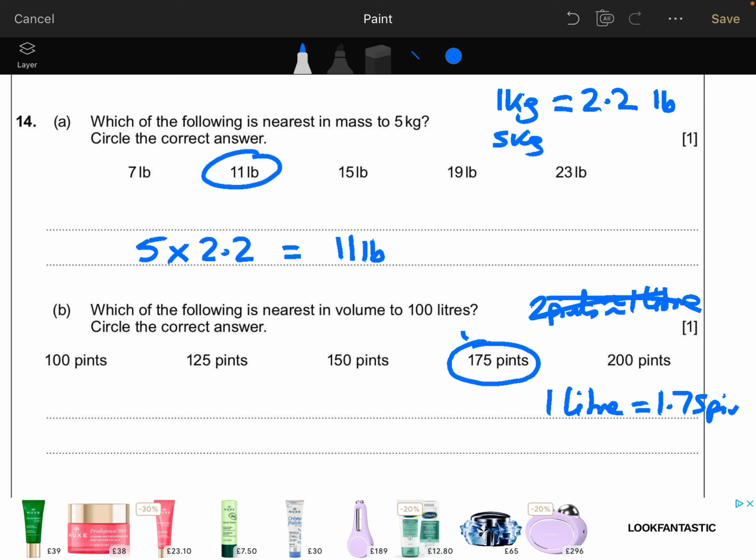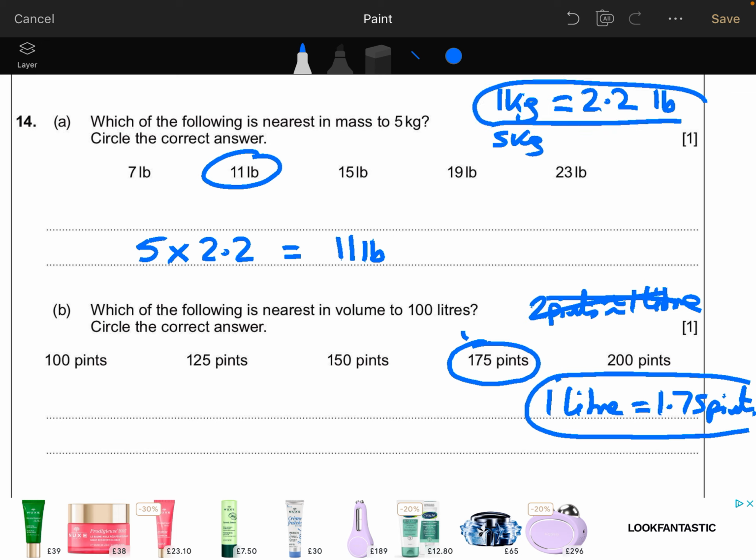I wasn't very accurate in my conversion at the start, so apologies for that. So the correct conversion is 1 litre is equal to 1.75 pints, and so 100 litres will be 175 pints. These conversions are things that you should remember, because they're not given to you. You need to know what they are. Okay.